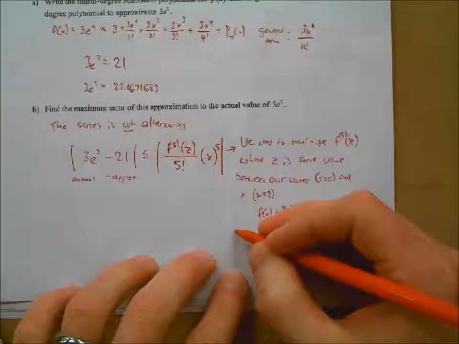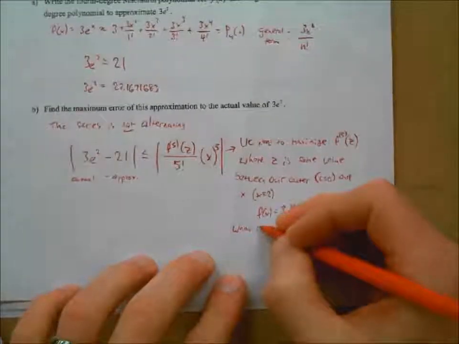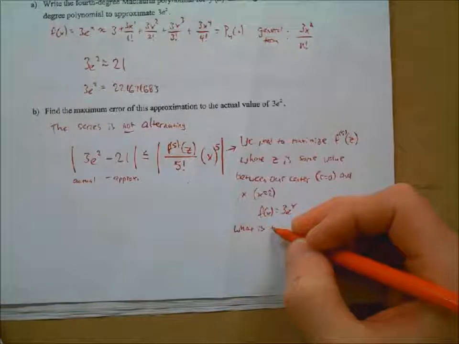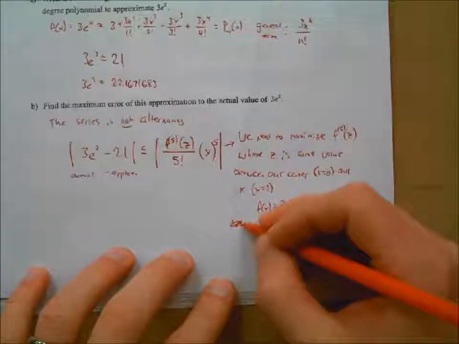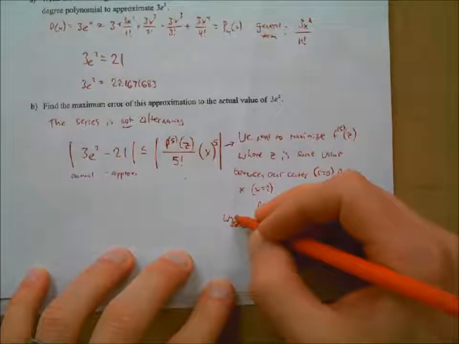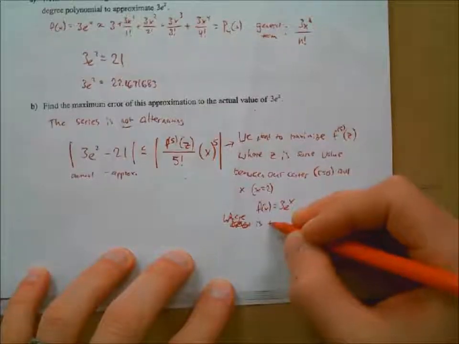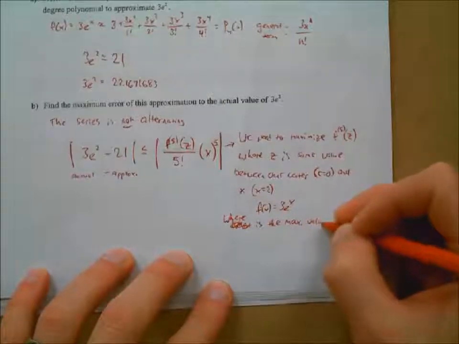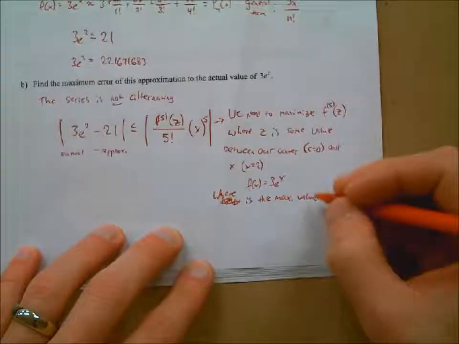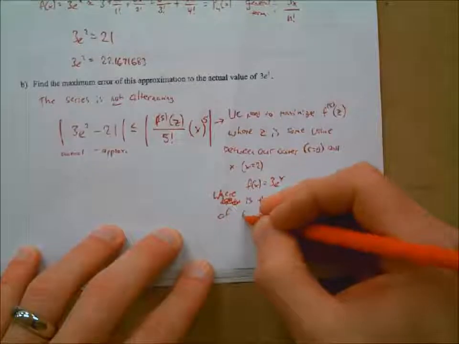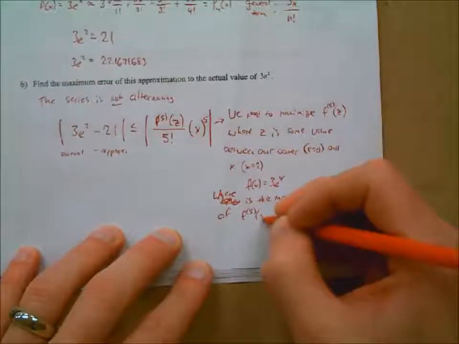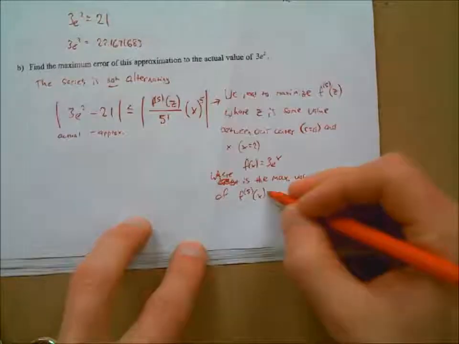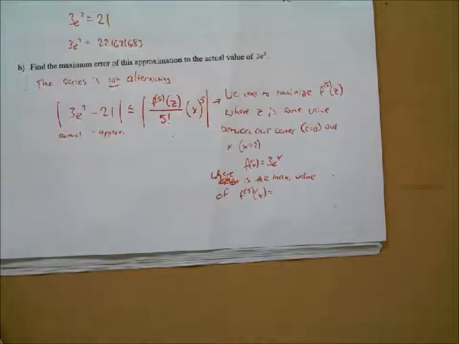But we need to figure out where is the maximum value of the fifth derivative of f of x, which, by the way, what will that be here? 3e to the x, right?